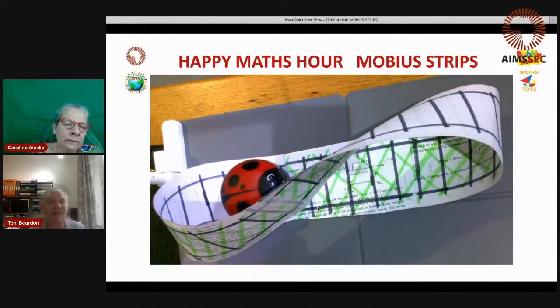It isn't 3-dimensional. So next week we'll look at the 3-dimensional equivalent, which is called a Klein bottle. So also we'll look at some things that are topologically equivalent.